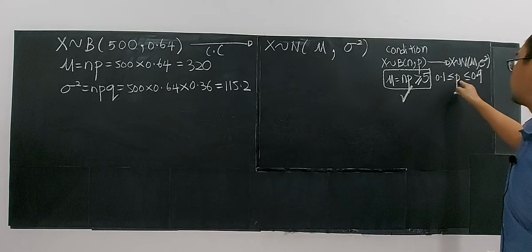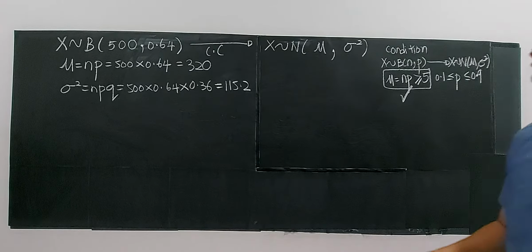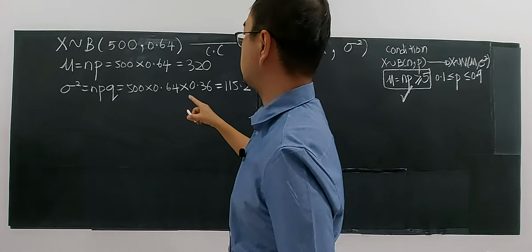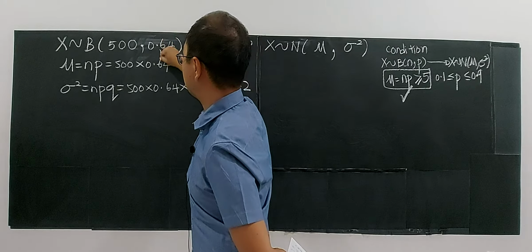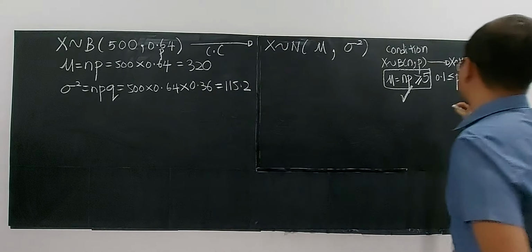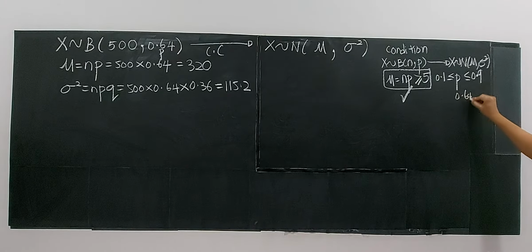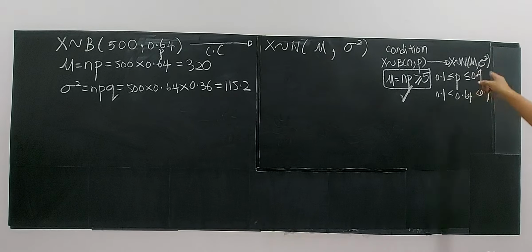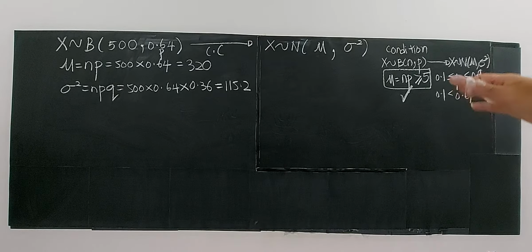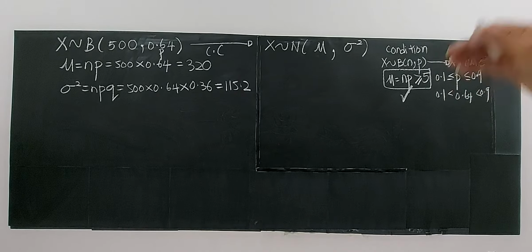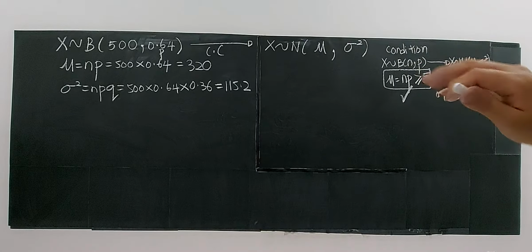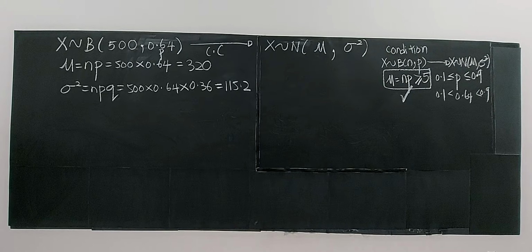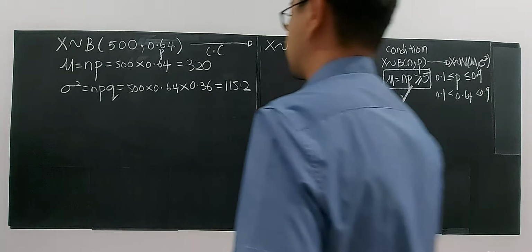Is p between 0.1 and 0.9? Yes, the value of p is 0.64, and 0.64 is between 0.1 and 0.9. It already fits the condition, so we can do the approximation.